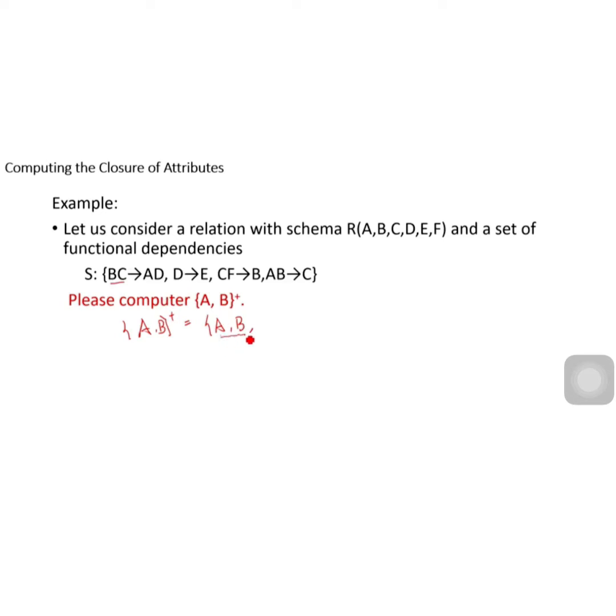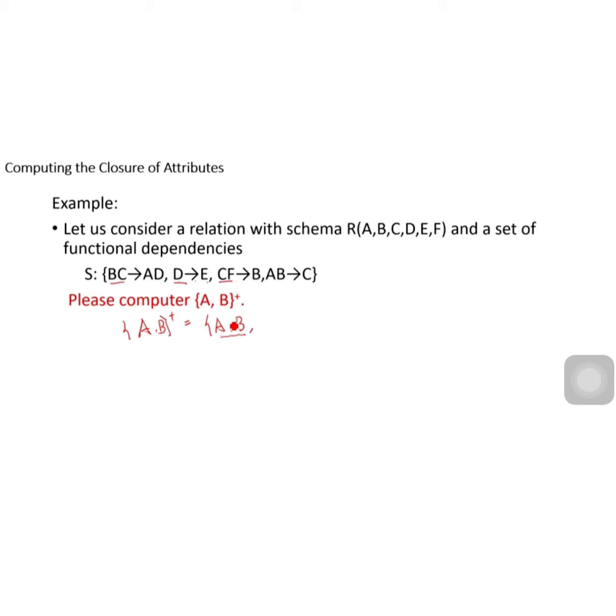BC is not a subset of the current closure AB, so skip it. D functionally determines E. D is not a subset. CF functionally determines B. CF is not a subset.